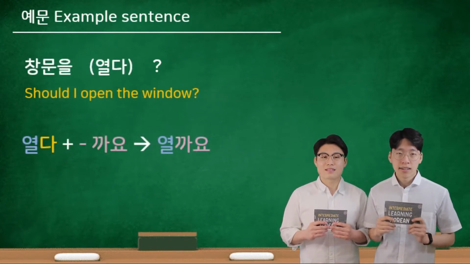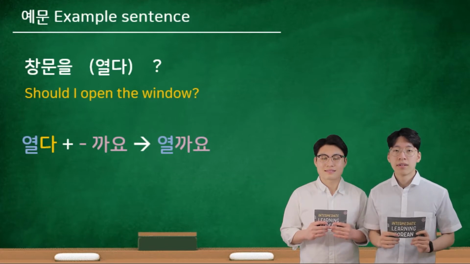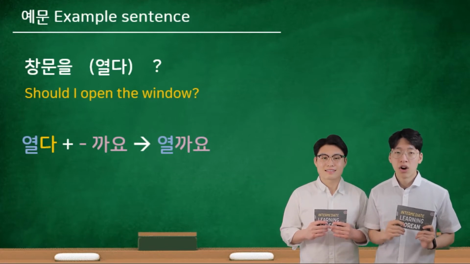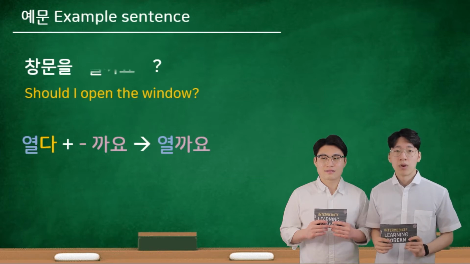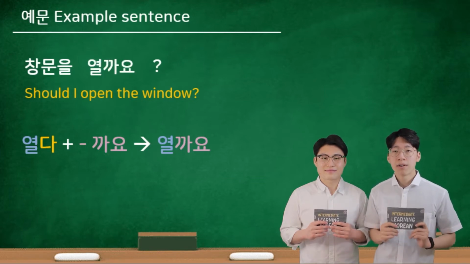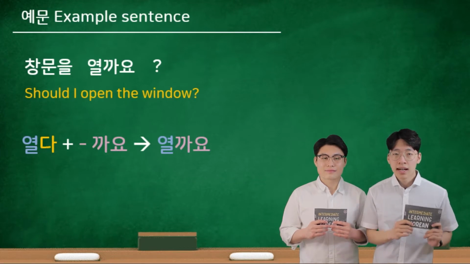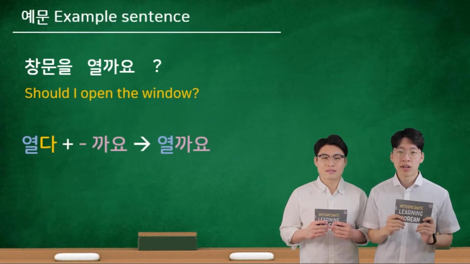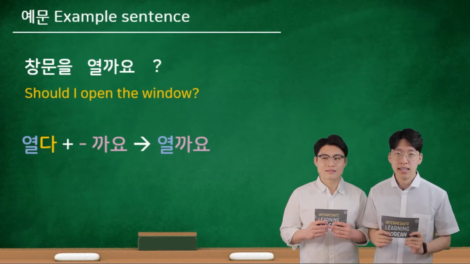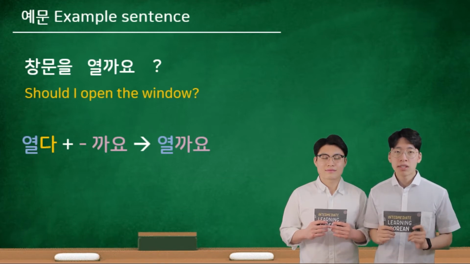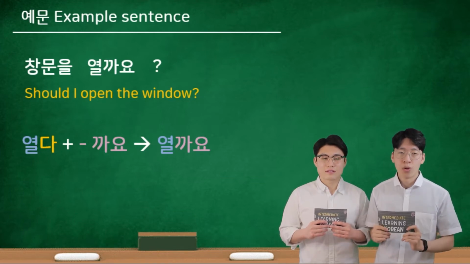Yes, this is the third example sentence. 창문을 열다. Okay, when we remove the 다 from the verb 열다, we can use 까요 because there is a final consonant 리을. So it becomes 열까요.